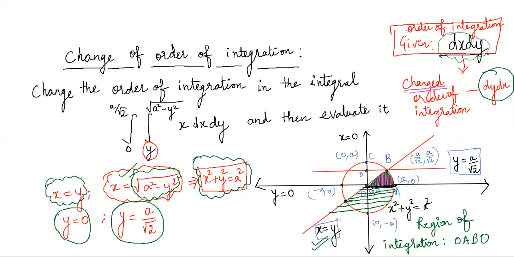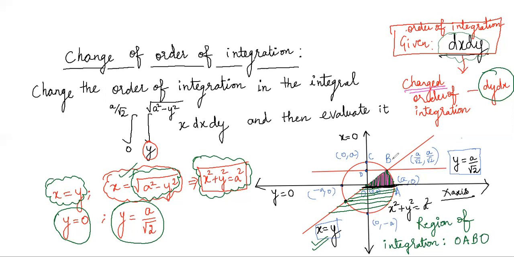These strips are starting from this curve, which is actually our x-axis, and in this way we get the first curve, the starting curve. For all the strips, the starting curve is same, which is x-axis, which is y equal to 0.